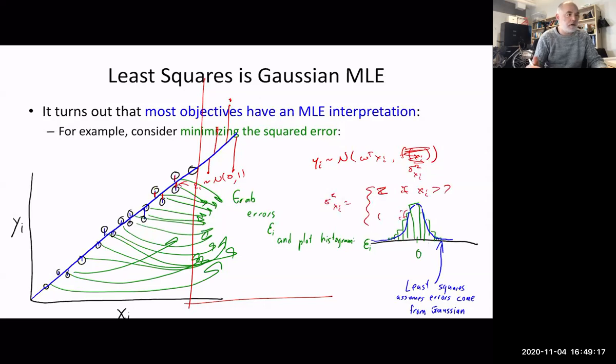So you can go as far as putting different noise on every single data point, and you will still do least squares minimization, but you can have noise that's input space dependent, if that makes any sense.